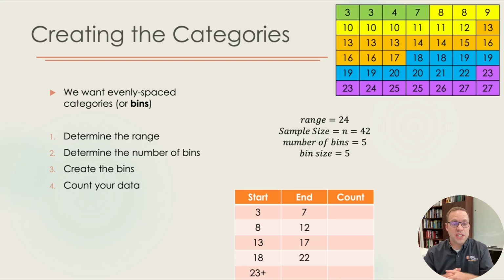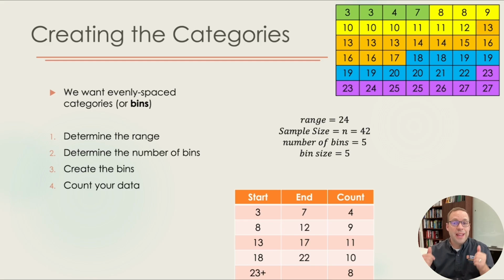Now that our bins are set, we are ready to count the data. So we just go look at our data and we count how many data points are in the range from 3 to 7. Well, I've highlighted that in the table. We have 4. How many data points are between 8 and 12? We have 9, and so on. You just count up how many are in each category.